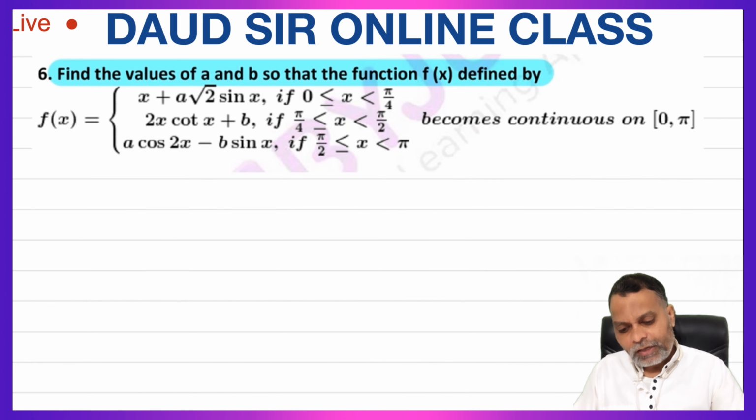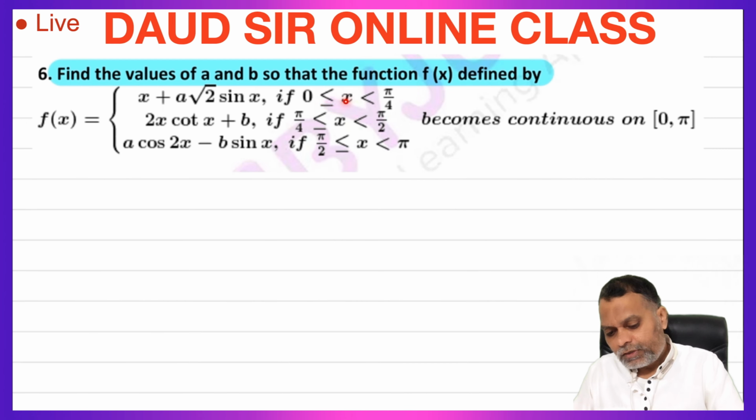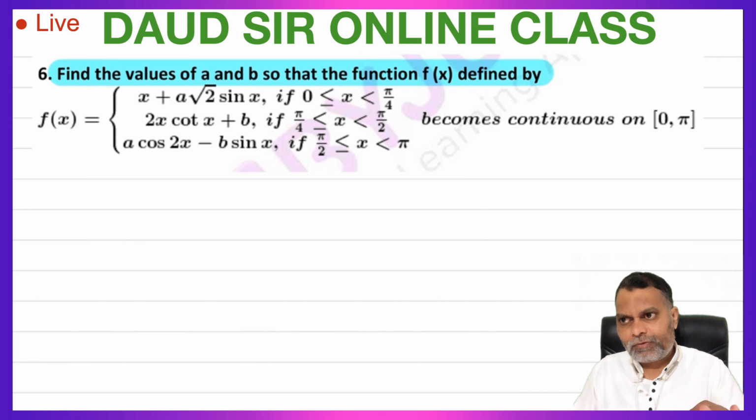So here this function is given continuous in this interval 0 to pi. So check the values. x is equal to 0 is given, greater than 0 but less than pi by 4; at less than 0 the function is not defined, so leave it. At pi by 4, the function is defined for greater than or equal to pi by 4, and less than pi by 4. So x is equal to pi by 4 comes under this interval.